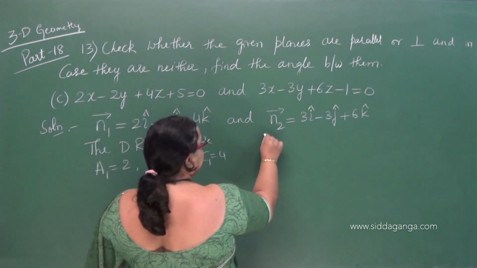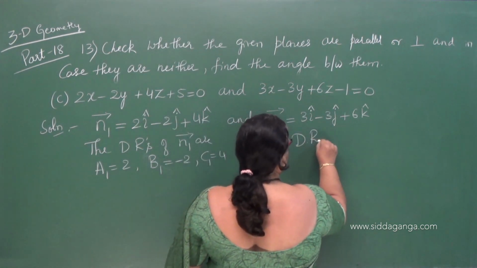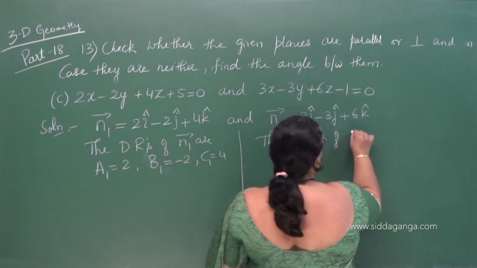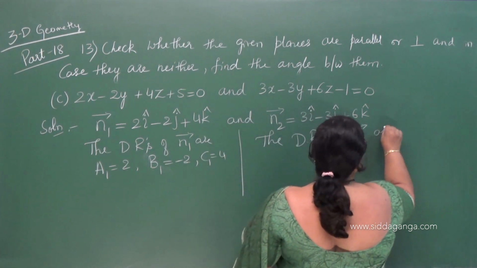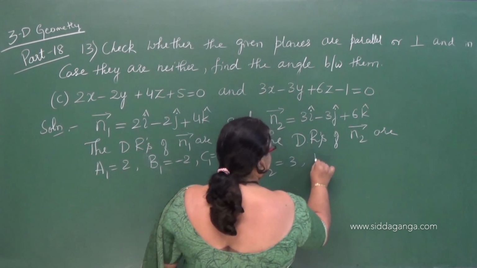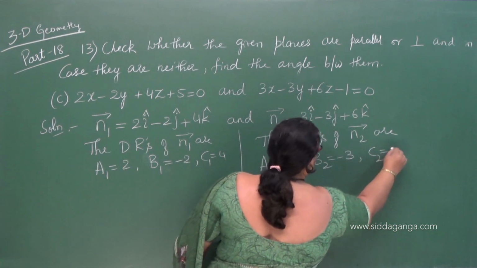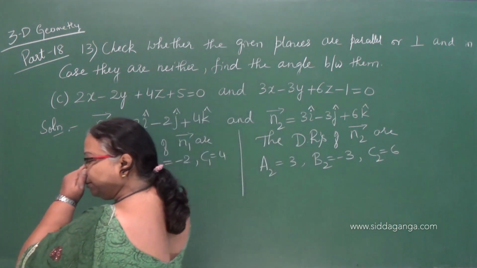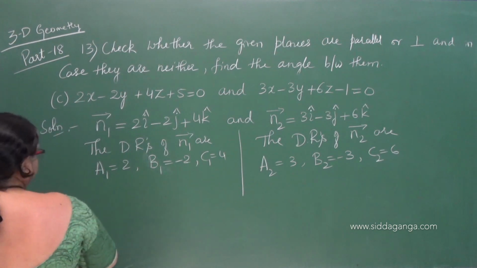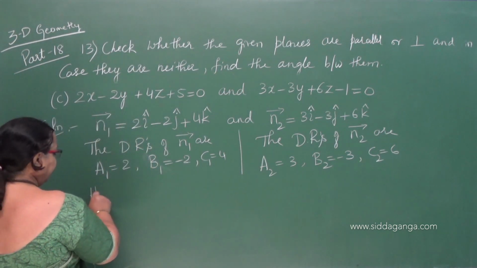The direction ratios of the normal vector n2 are a2 equal to 3, b2 equal to minus 3, and c2 equal to plus 6. So if we observe, the direction ratios are proportional here.